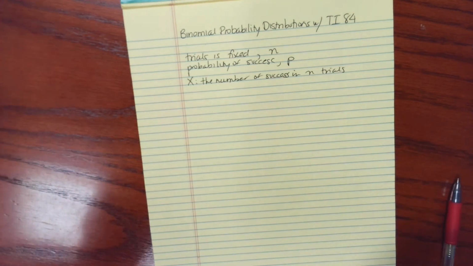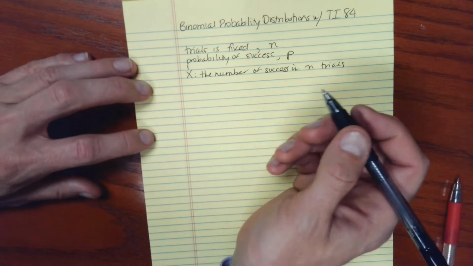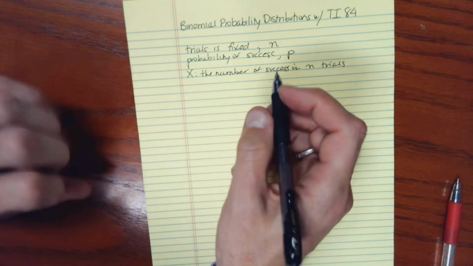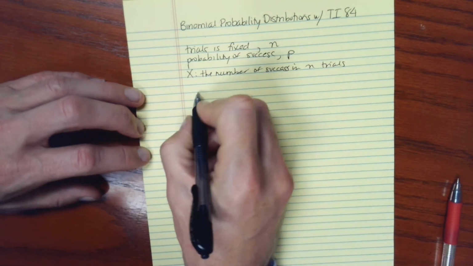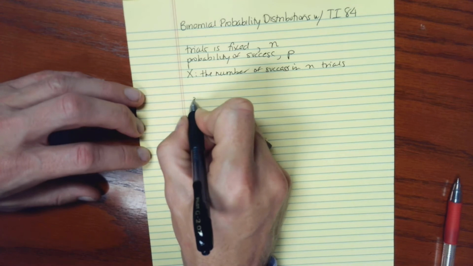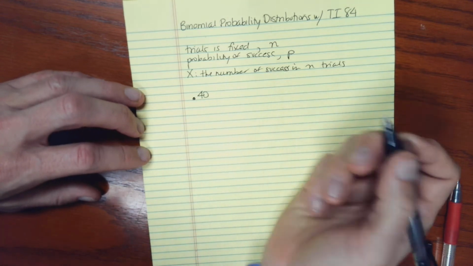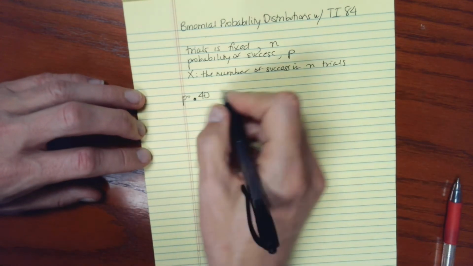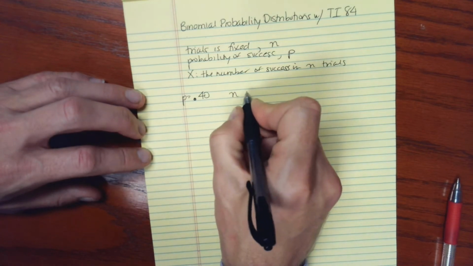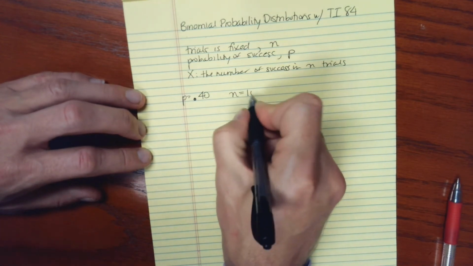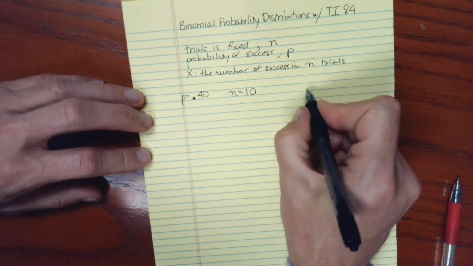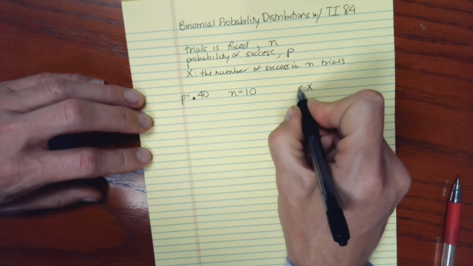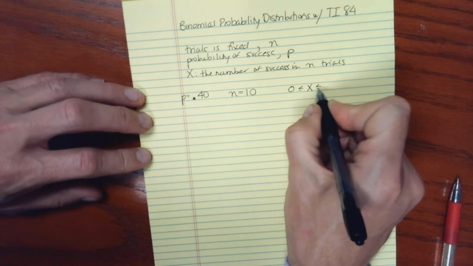So, all right, let's say that we have an experiment where we have a probability of 0.40 of success, so that's our p, and we have n trials, and so automatically I know that my random variable x can take on values between 0 and 10.